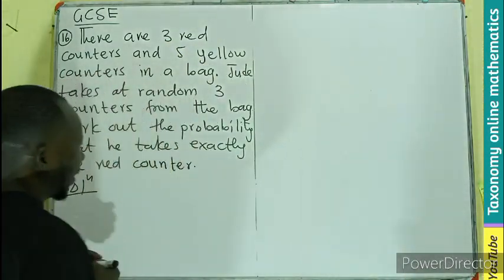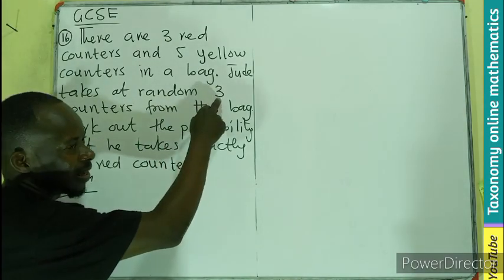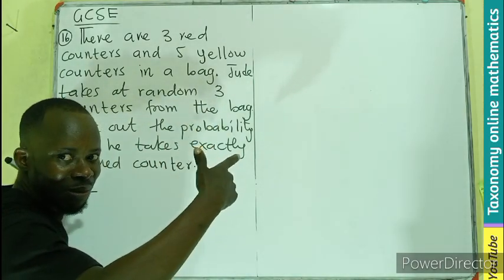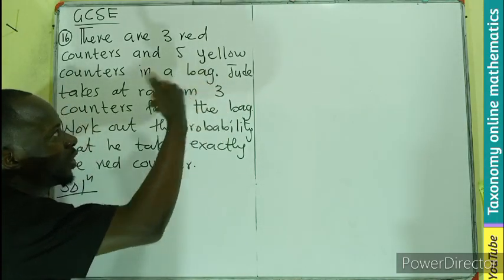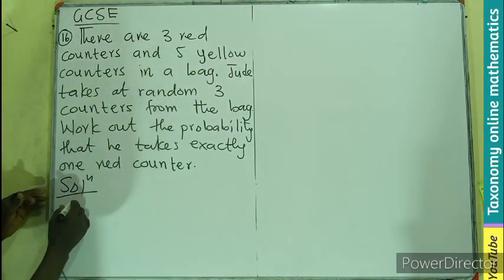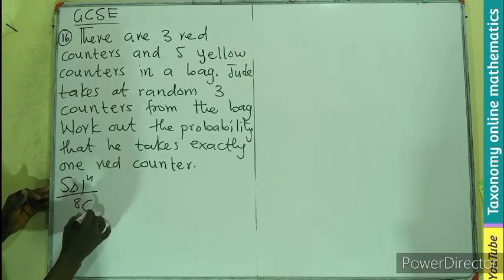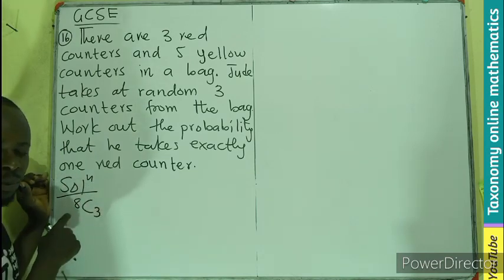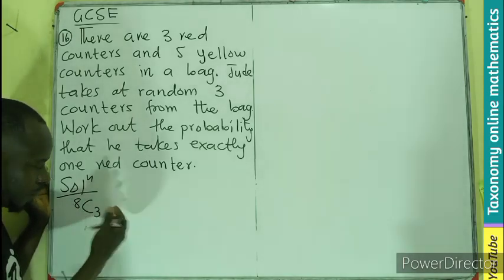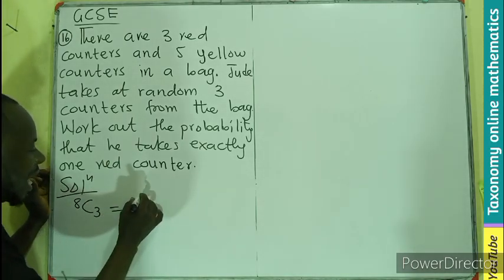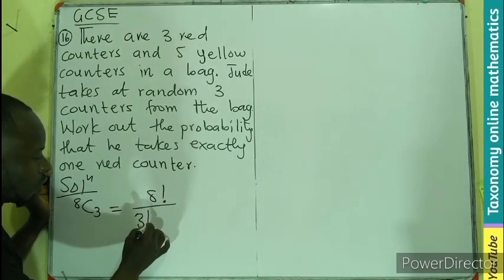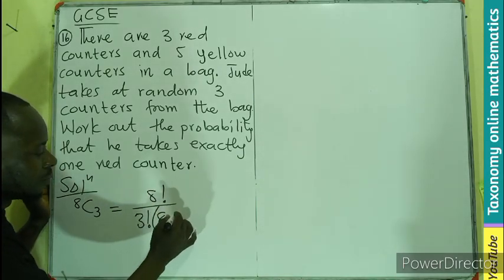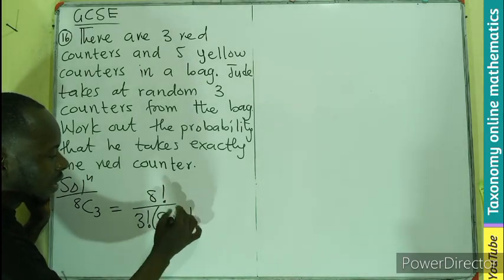So let me begin with the combination. The combination of picking 3 from a total of 8 will be written as 8 combination 3, meaning from the total, we are picking 3, which we know can be written as 8 factorial over 3 factorial times (8 minus 3) all factorial.